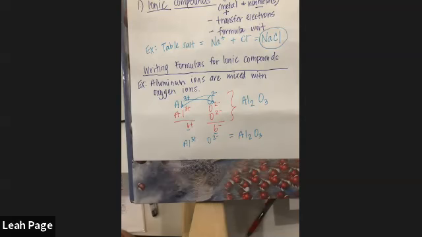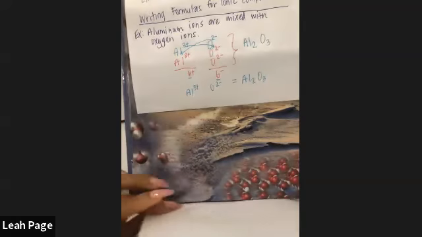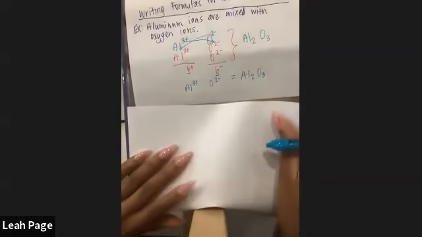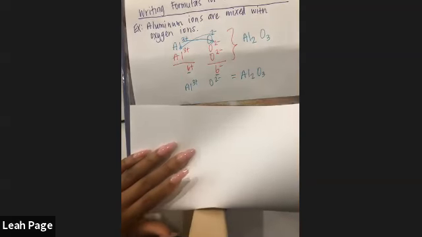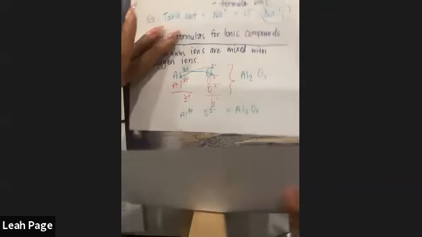So let's do another one. Let's say we're going to do the same thing. We're going to write a formula, but this time we're going to write the formula when a sodium ion and a sulfur ion come together.